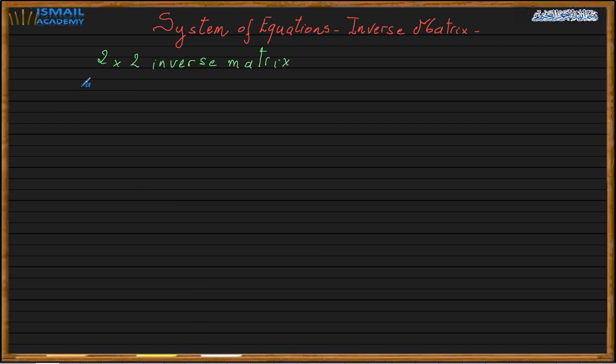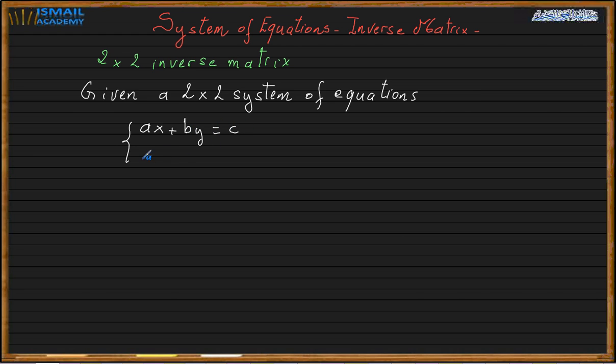So given a 2 by 2 system of equations, we have ax plus by equals c, a1x plus b1y equals c1.